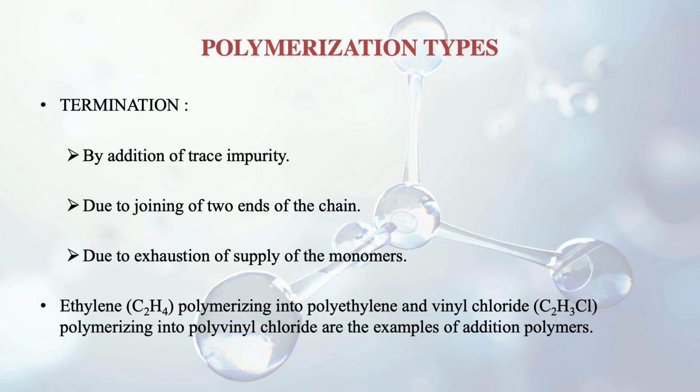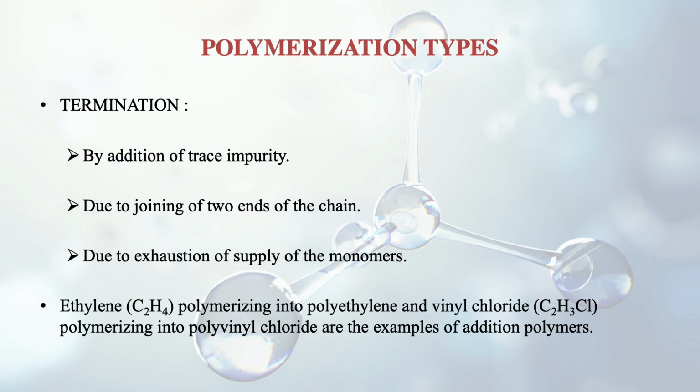Suppose there is ethylene monomer and we are not getting its supply, then obviously the chain will stop. Ethylene, C2H4, polymerizes into polyethylene, and vinyl chloride, C2H3Cl, polymerizes into polyvinyl chloride. These are some examples of addition polymers.